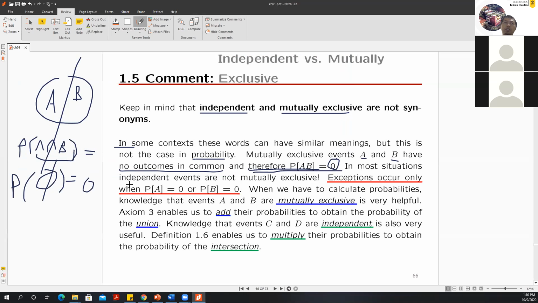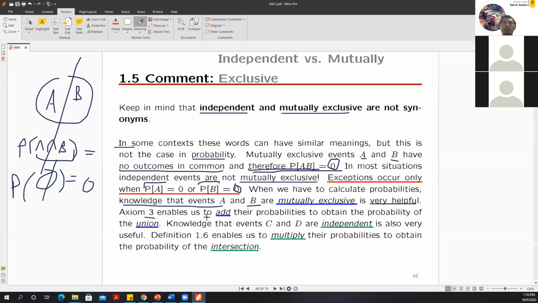And in most situations, independent events are not mutually exclusive. One exception occurs only when either probability A or B equals 0. When we have to calculate probabilities, knowledge that events A and B are mutually exclusive is very helpful.